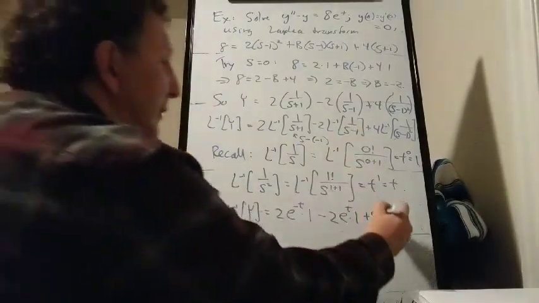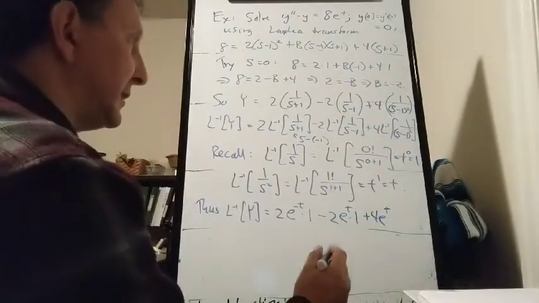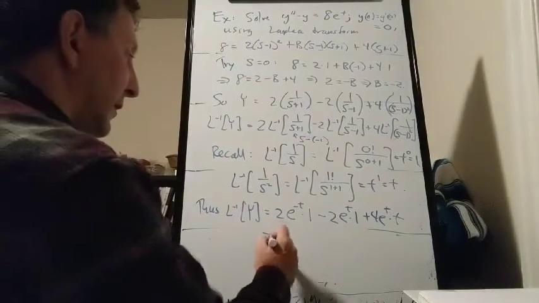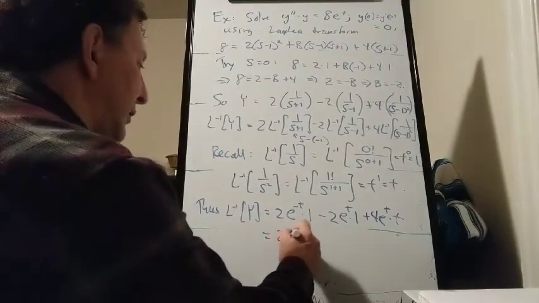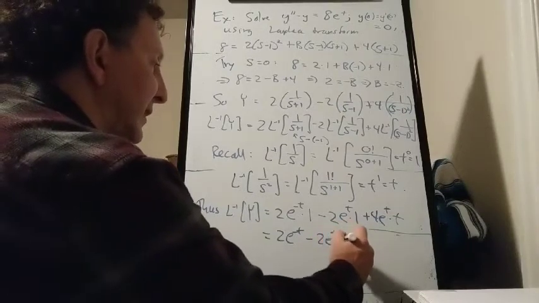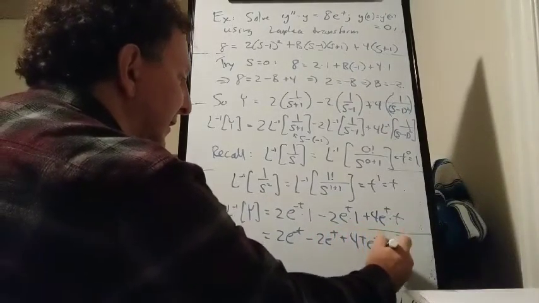So just like here, we write e to the t, because this is s minus 1, and then t. So we have 2e to the negative t minus 2e to the t plus 4t e to the t.